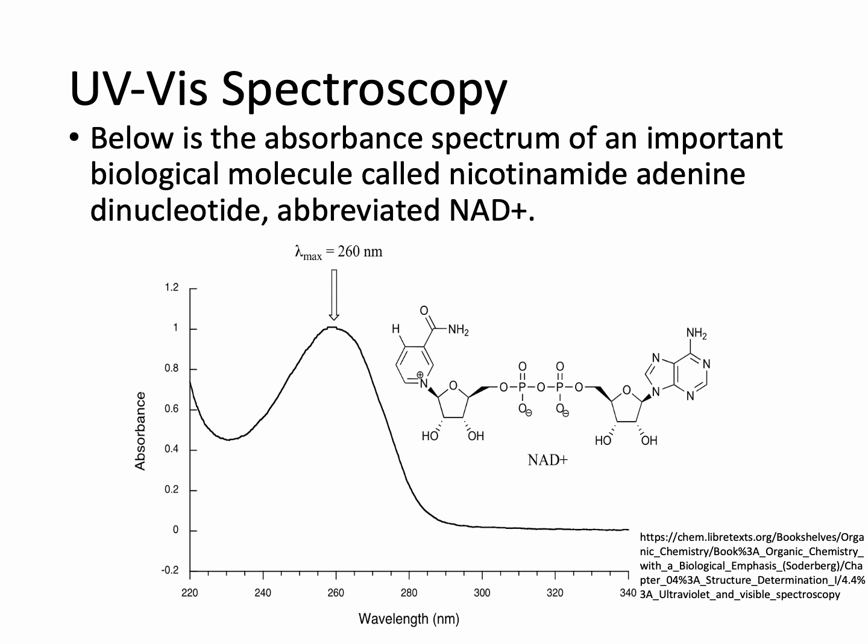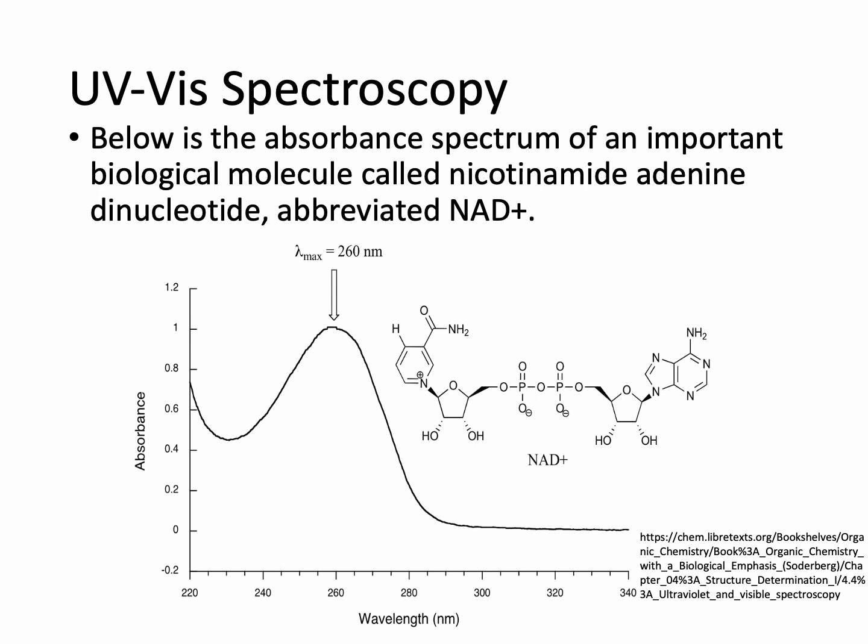Here, for example, is an absorbance spectrum of an important biological molecule, nicotinamide adenine dinucleotide, or NAD+. Don't forget that each of those molecules has its own signature, its own absorbance spectrum. As you see in this spectrogram, the y-axis shows the absorbance and the x-axis shows the wavelengths.